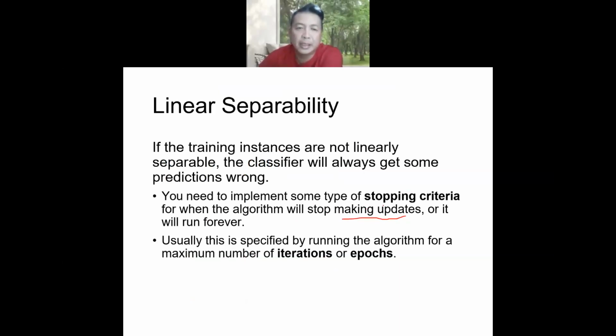If you adjust many times and you still cannot get a sample correctly classified, then you stop. Usually you specify the number of iterations, the number of epochs. That's the reason why we limit the number of epochs.